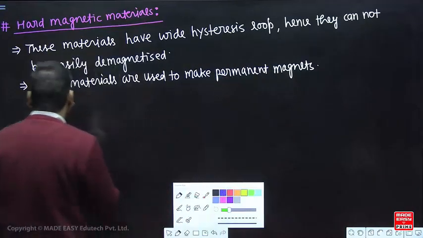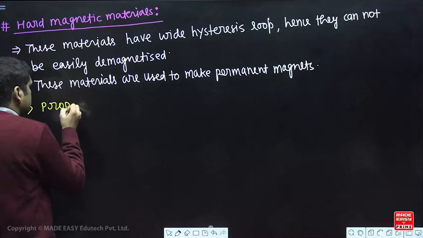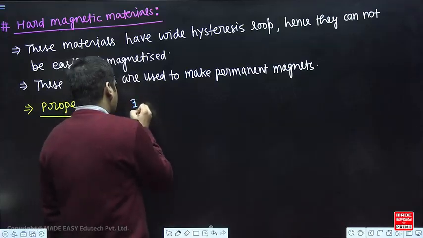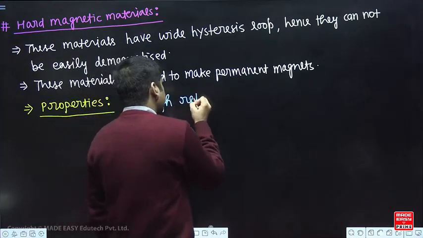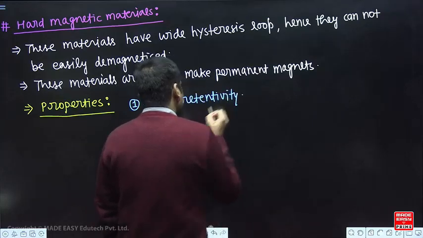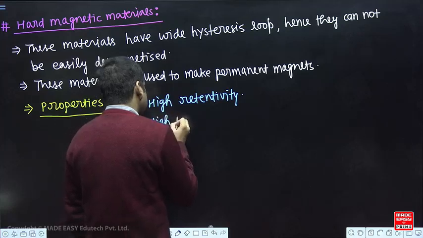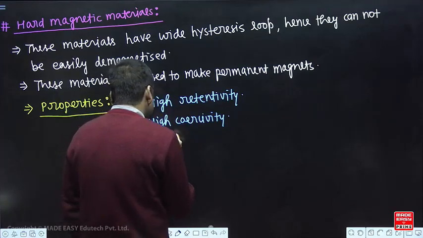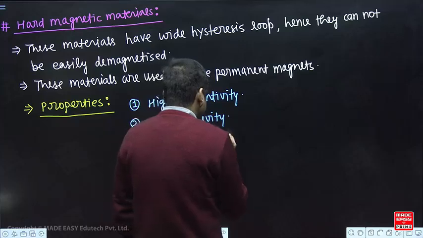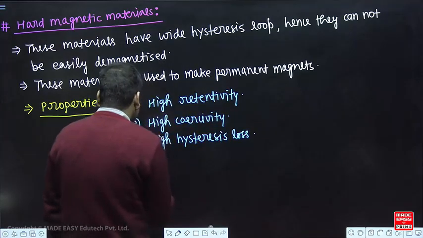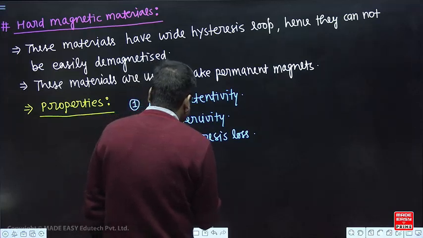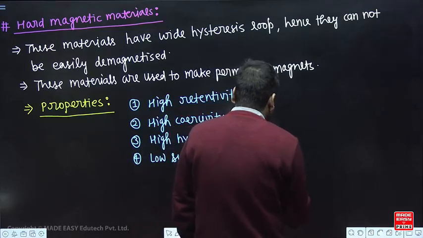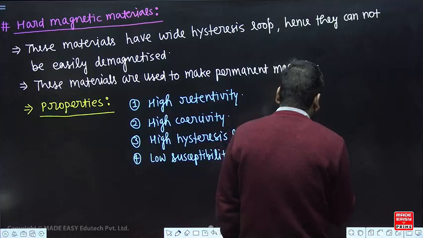Properties, if we see: high retentivity, high coercivity, high hysteresis loss, low susceptibility and permeability.